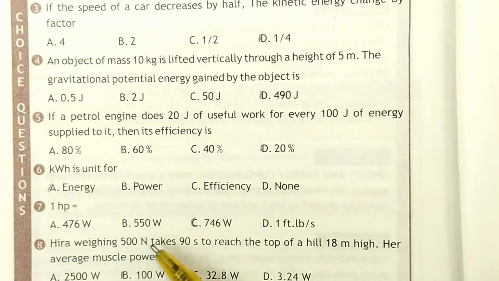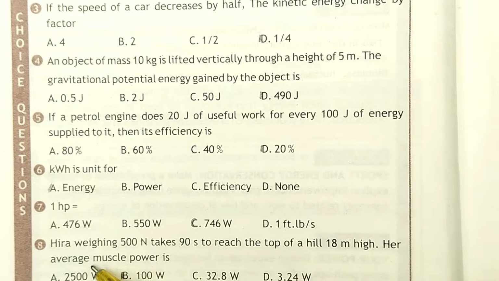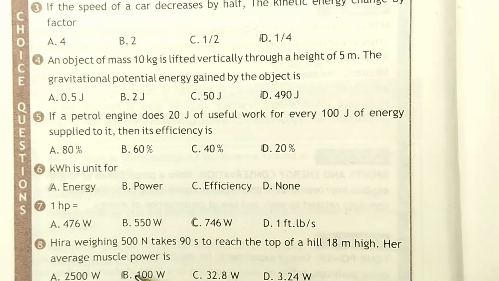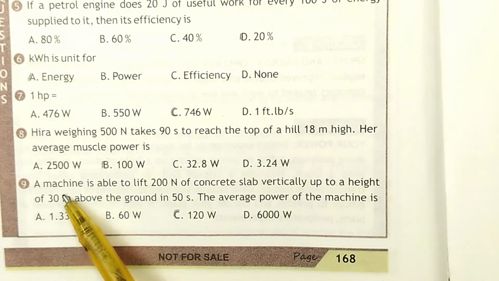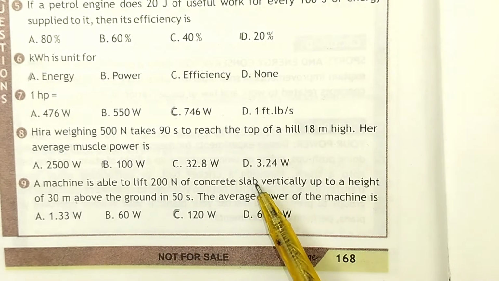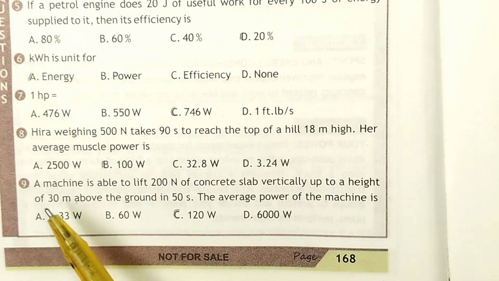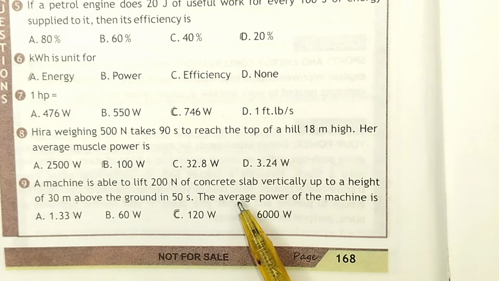Hera weighing 500 Newton takes 90 seconds to reach the top of a hill 18 meter high. Her average muscle power is option B, 100 watt. A machine is able to lift 200 Newton of a concrete slab vertically up to a height of 330 meter above the ground in 50 seconds. The average power of the machine is option C, 120 watt.